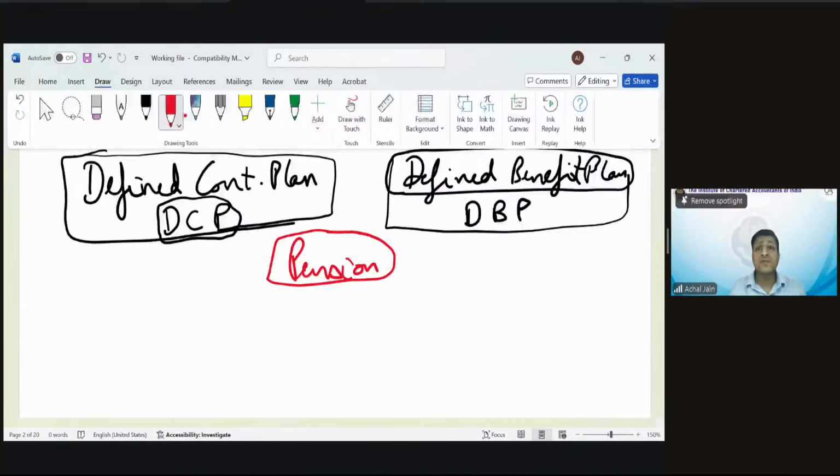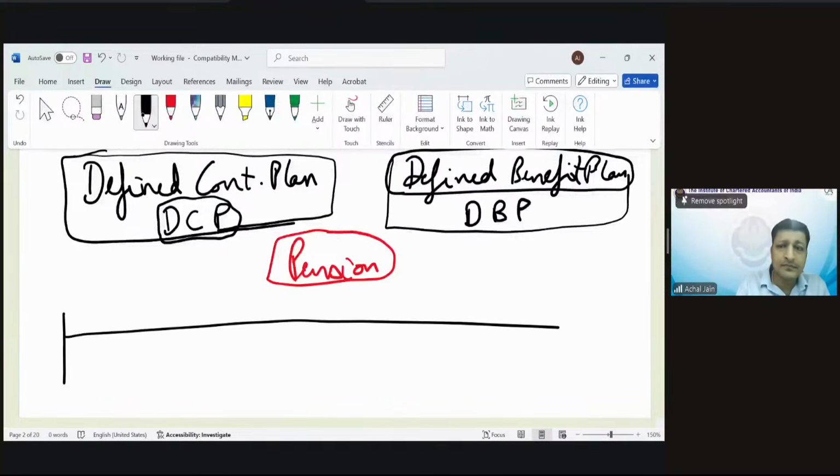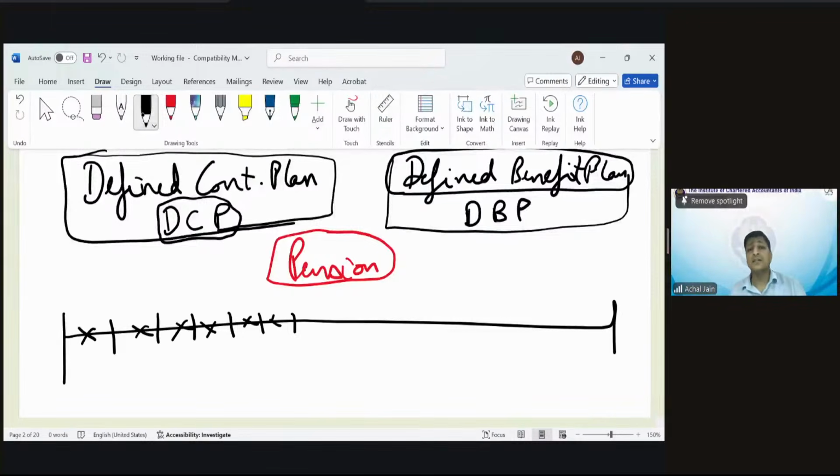Why? Because this pension is payable to the employee. Every year the employee renders services, but payment is not made to the employee each year. Payment will be made, let's suppose, at the end of the 20th year, when the employee retires. Correct?